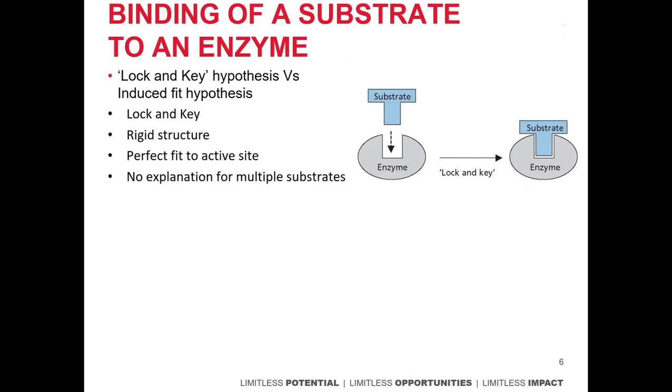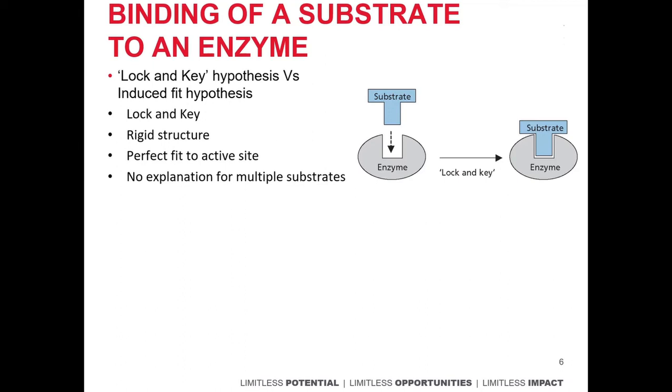Now this takes us on to the theory of induced fit versus the theory of lock and key. Now both of these hypotheses describe how a substrate can bind to an enzyme. Now the first hypothesis is the lock and key hypothesis, and you may have encountered this before, perhaps at A level.